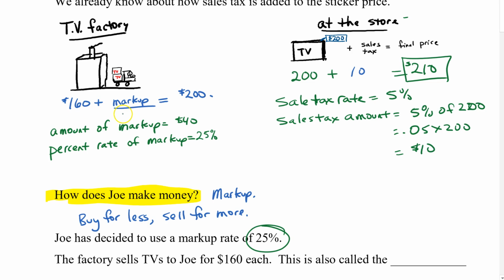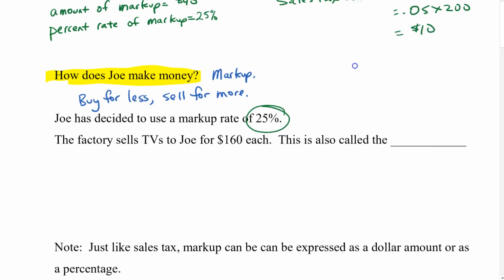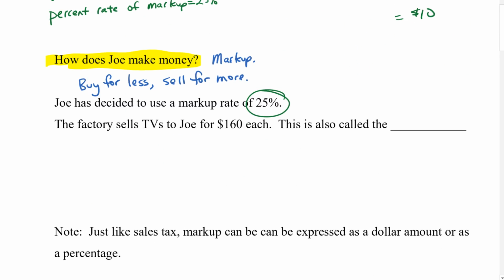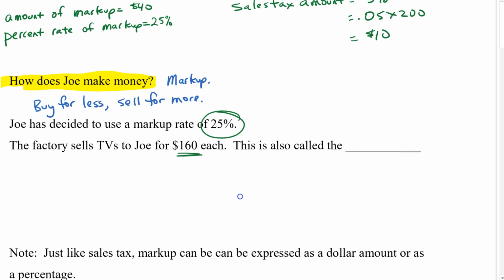In this case, we don't call it sales tax, we call it markup. We can think of the amount of the markup or the percent rate of the markup. Very similar to sales tax. Another way of talking about that $160, the price that Joe buys from the factory, we can also call the wholesale price.